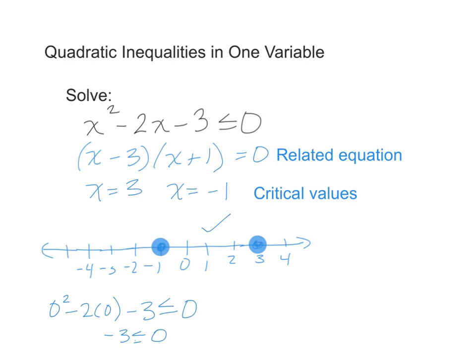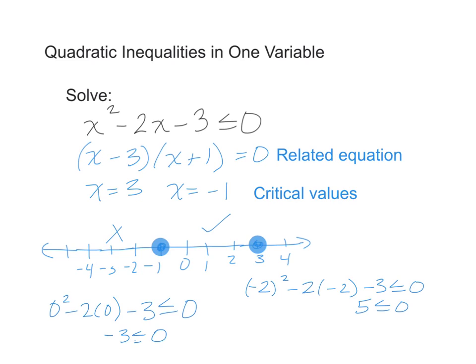I think these other ones are going to be false on the outsides, but I'm going to quickly test them anyway just to see. So I'll pick like negative 2 on the left. And that comes out to 5 is less than or equal to 0. True or false?